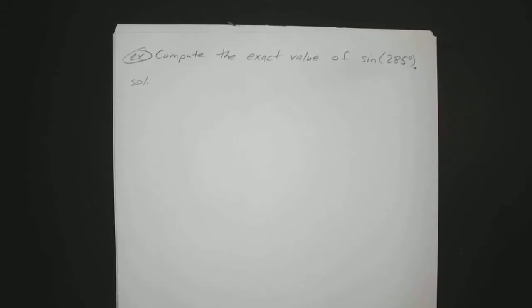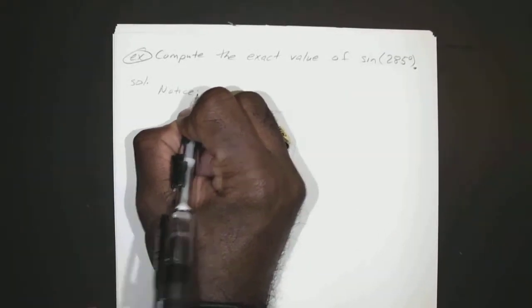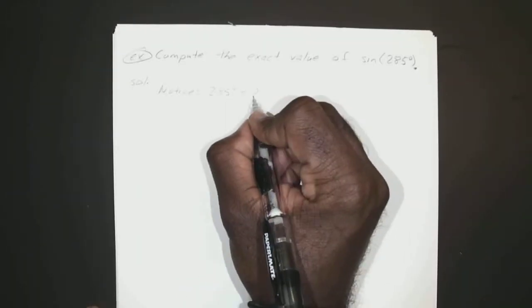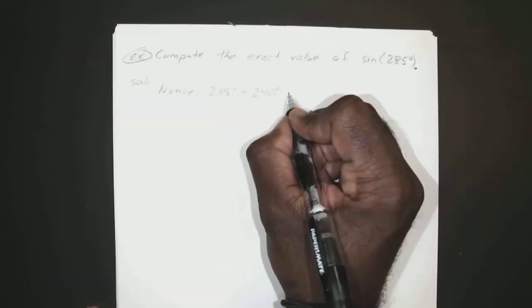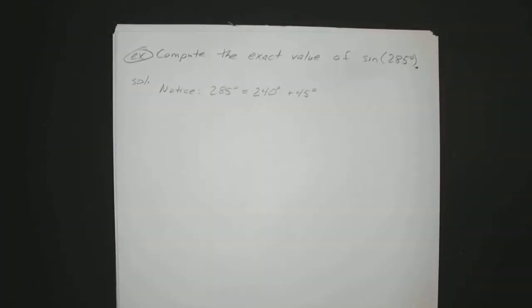Okay. So just like we did with our pi over 12, we can separate this. So 285 degrees is actually equal to 240 degrees plus 45 degrees.